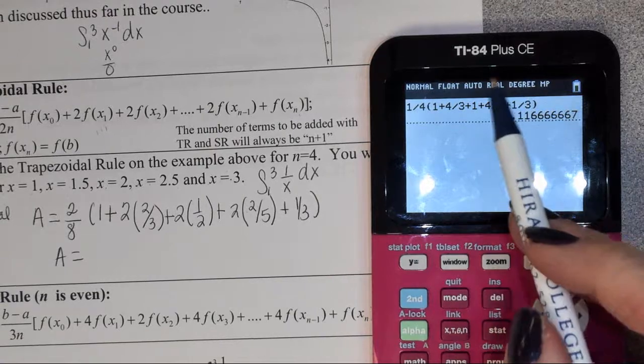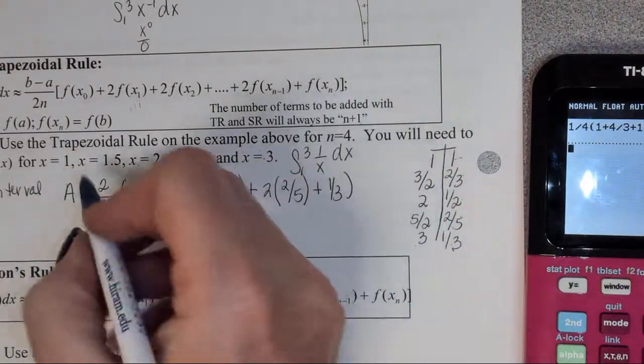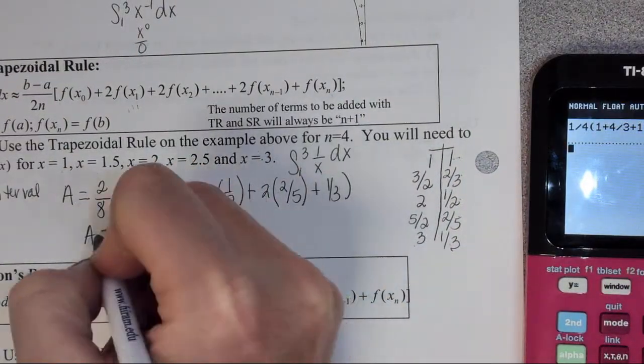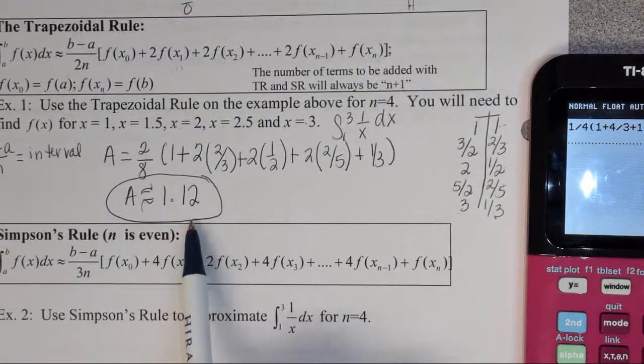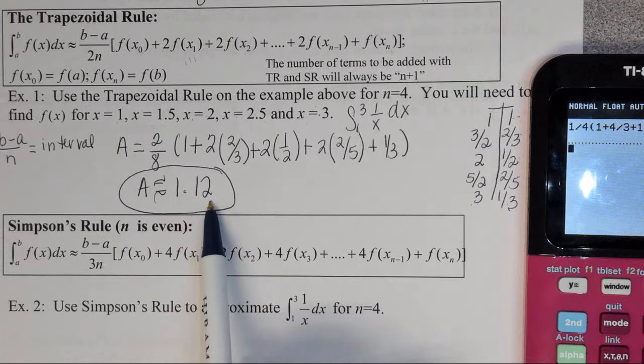And here's what I get, 1.12. That would be the answer for the trapezoidal rule rounded to the nearest hundredth. That's what the area is that I get.